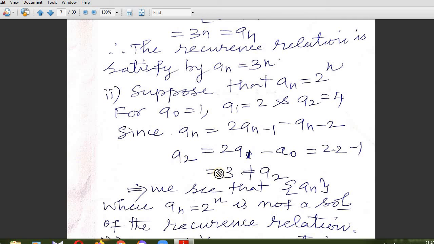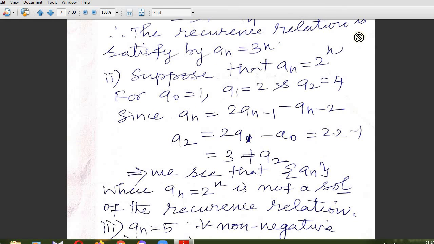But a_2 is equal to 3 comes here, whereas according to our own calculation, a_2 is equal to 4. When I put it in this particular equation, the term I am getting is 3, but according to our own calculation, it is 4. Therefore a_2 is not equal.